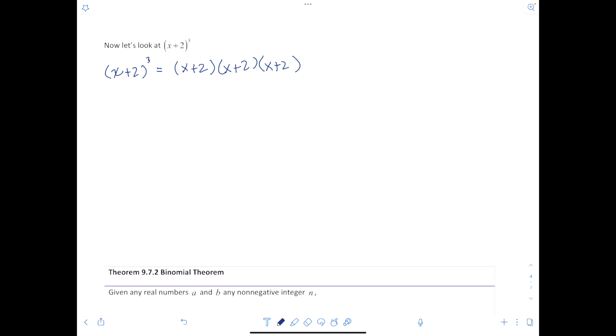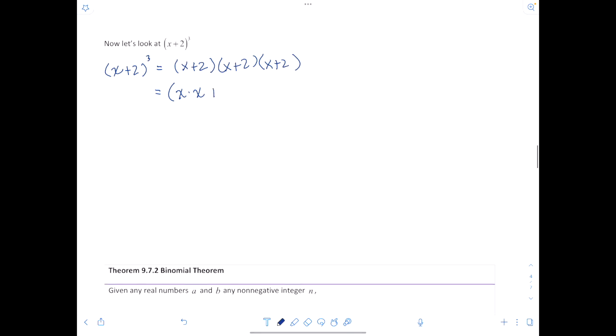If we went the old school route, looking at x plus 2 times x plus 2, and this is writing it out in a form you're not used to so we can show something, x times x is our x squared plus x times 2 plus 2 times x plus 2 times 2. Cool so far? And then we still have an x plus 2 we've got to multiply to that.